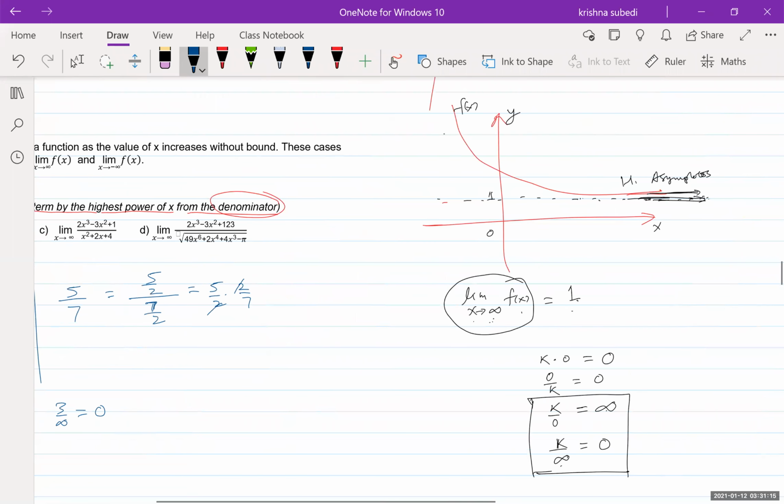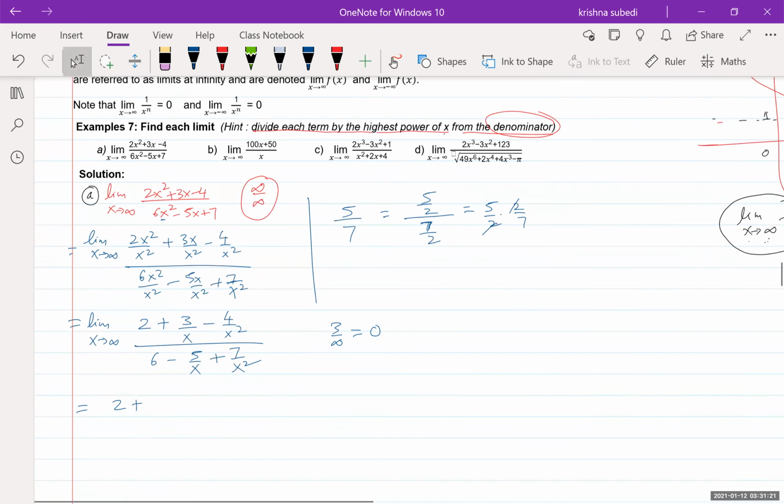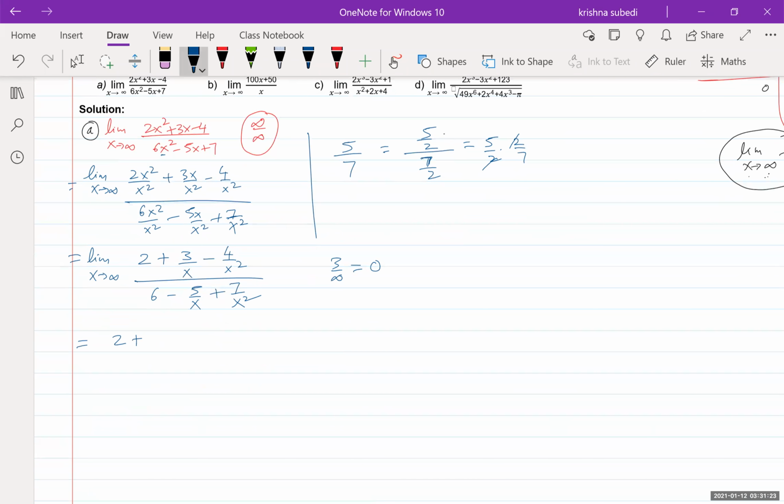We recall from our elementary school that anything divided by infinity is 0. So that means this guy will be 0. This guy also will be 0. And 6 minus this guy will be 0. And this is 0. So your answer is 1 over 3. Done.